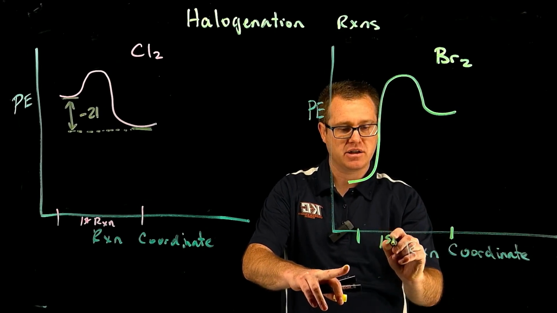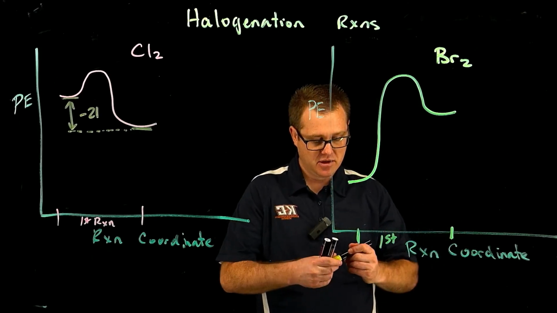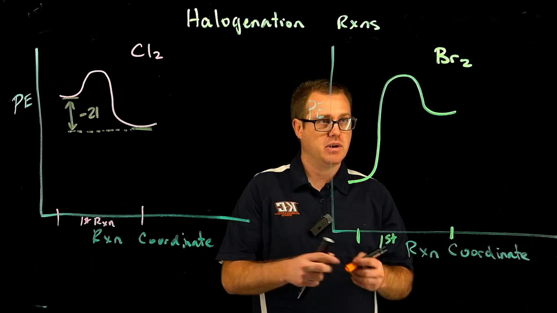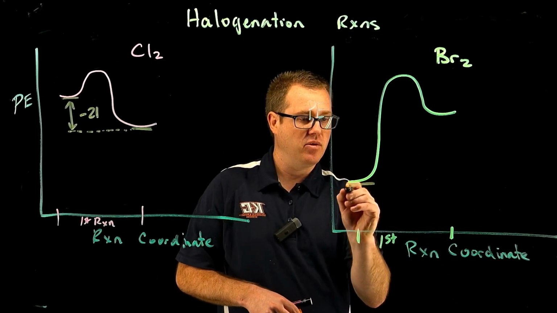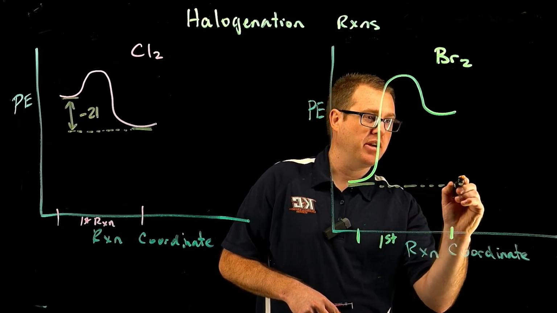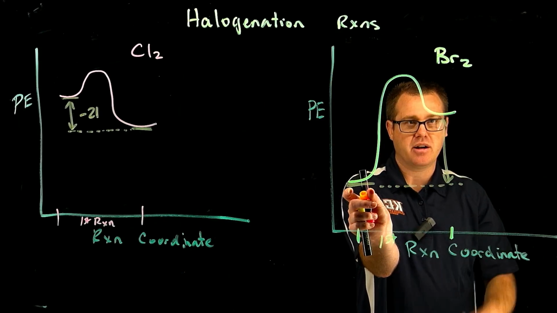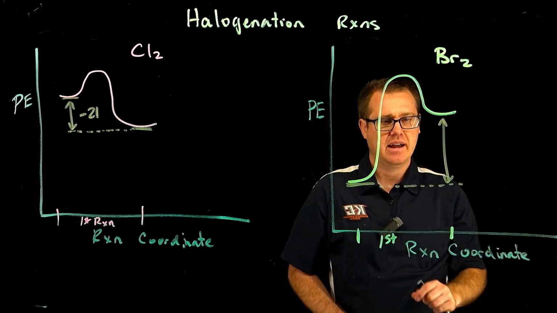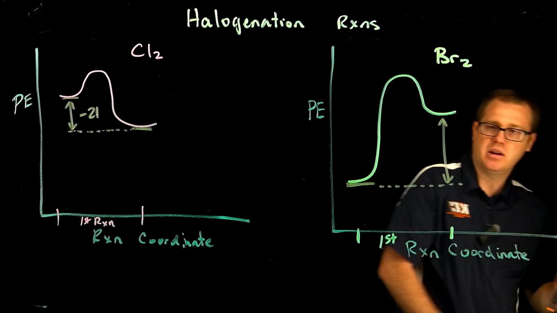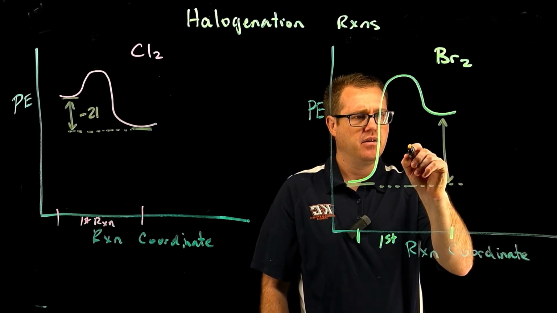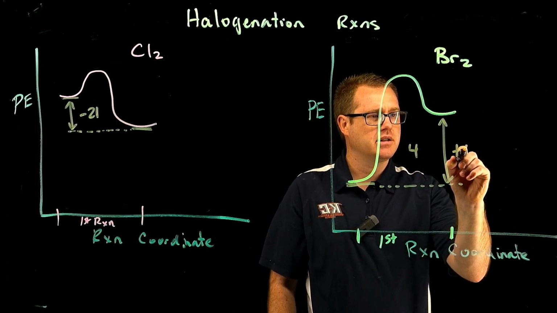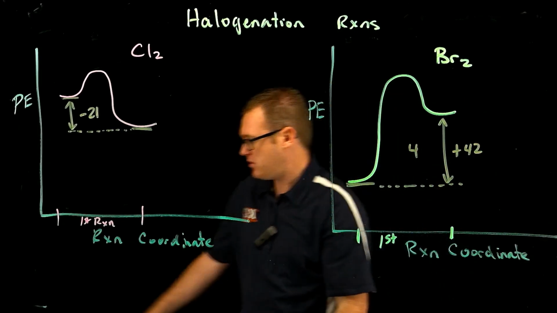That's the first reaction, or the first propagation. What did we say the value was? We said it was endothermic, right? Because look at that distance there. That's where we started, that's where we ended up. And we said that was a positive 42 kilojoules per mole.